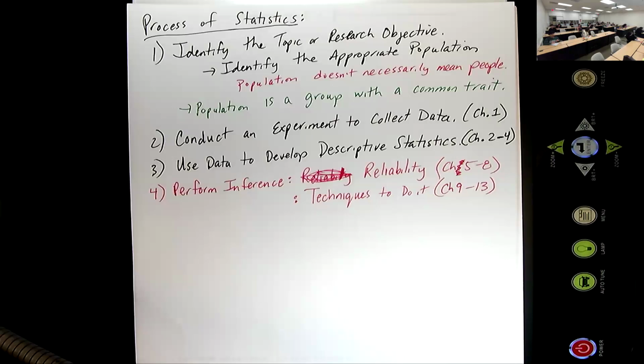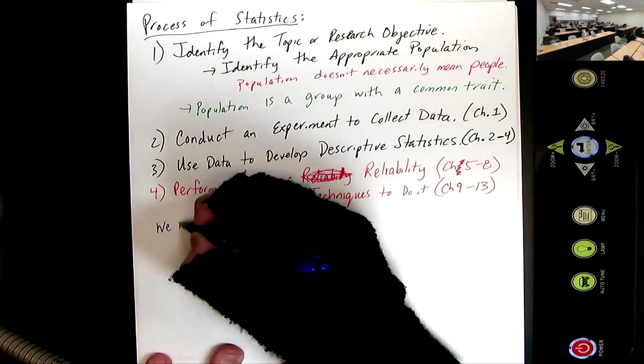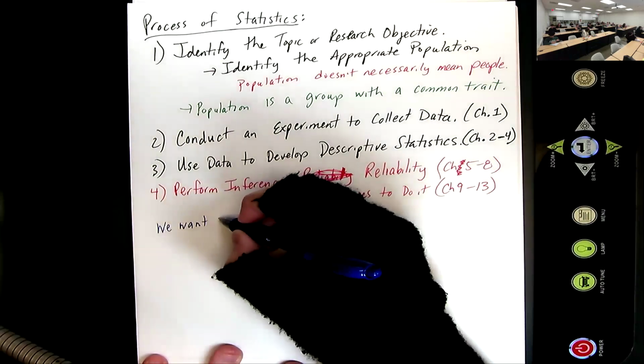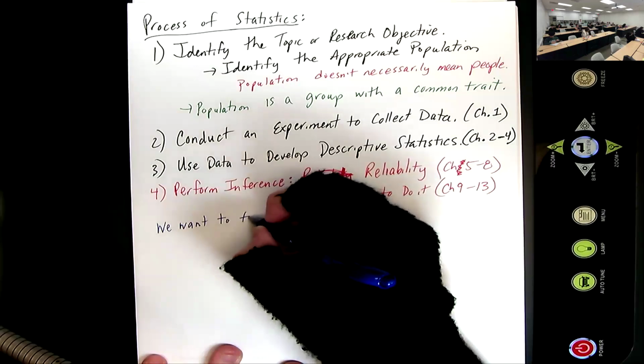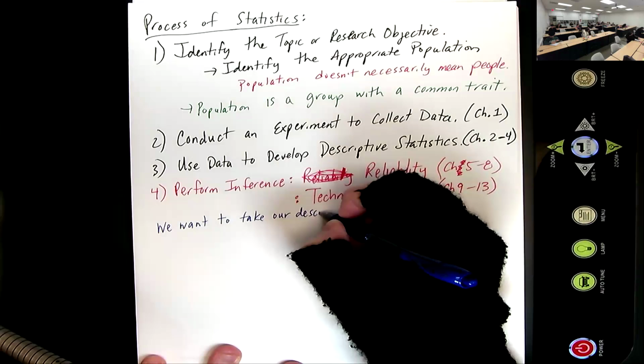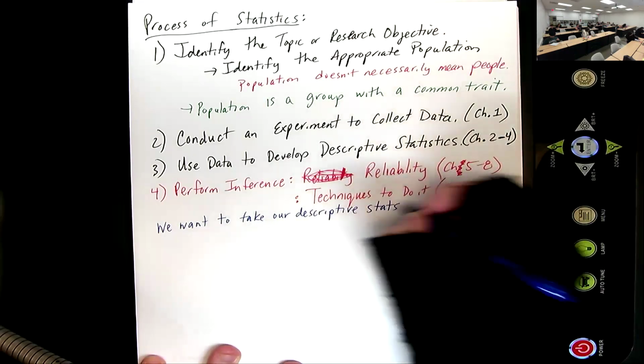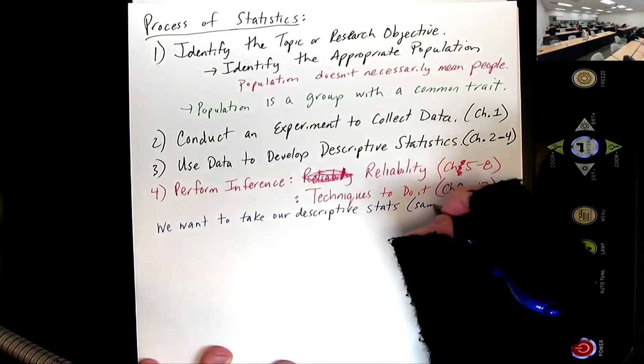So what that all is makes a little bit more sense when you know what inference is. We want to take our descriptive stats. Remember, this is about a sample group.